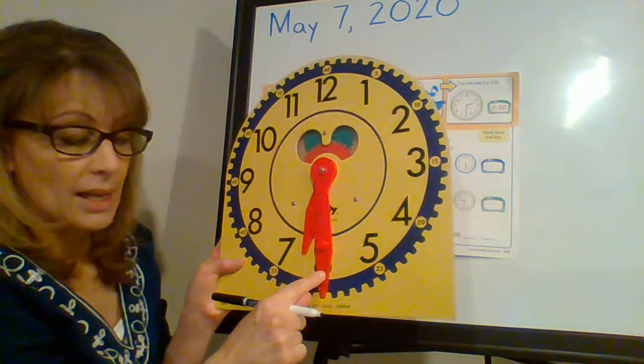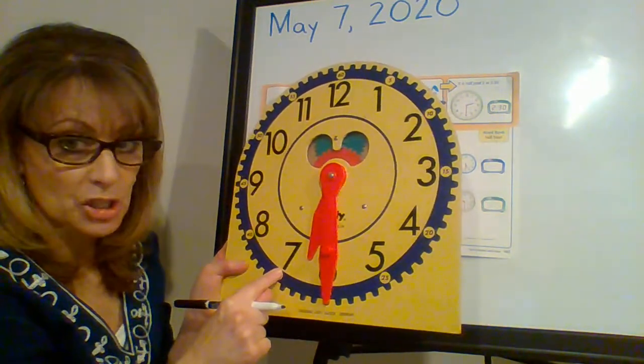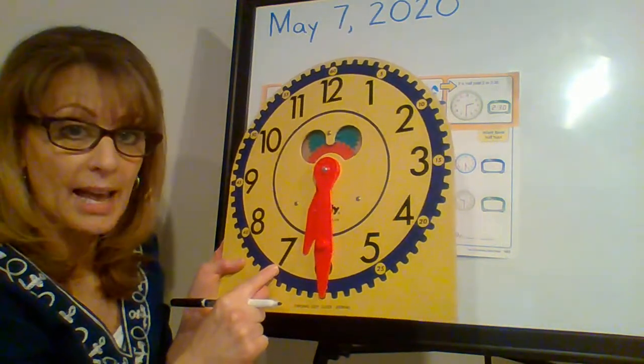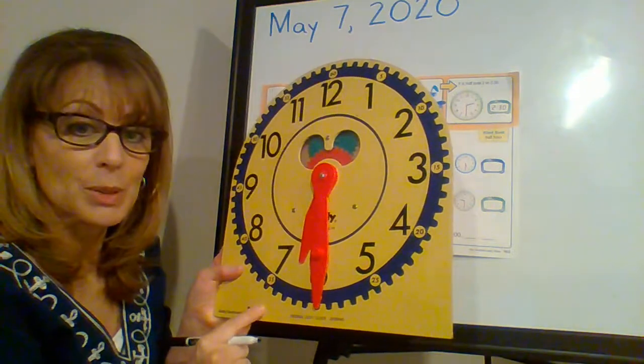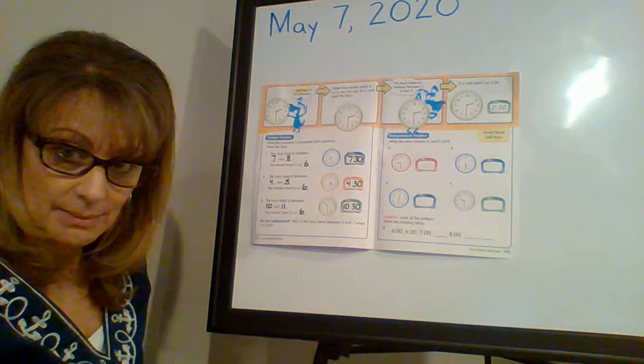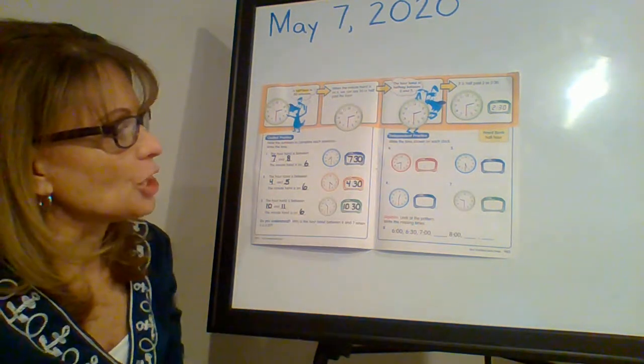Because it is past 6 o'clock, but it has not reached 7 o'clock yet. It is halfway between 6 o'clock and 7 o'clock, so it's going to be halfway between. Make sense? Yes. Okay.